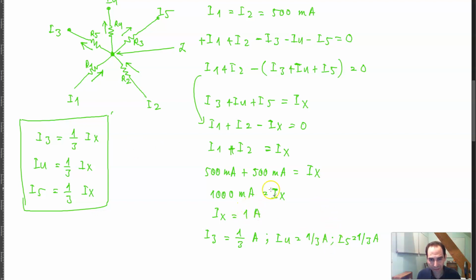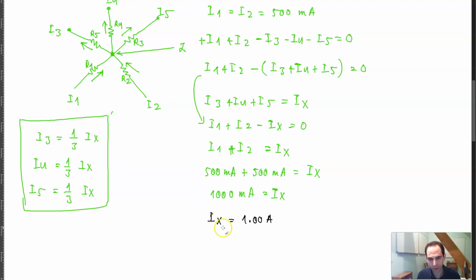Of course, technically, you would write this as 1.00 amps because you have 3 significant figures here, and when you add these numbers together, you'll get 3 significant figures. Meaning that you could write this as 1000 milliamp, and then in amps you could write I of x is equal to 1.00 amp.